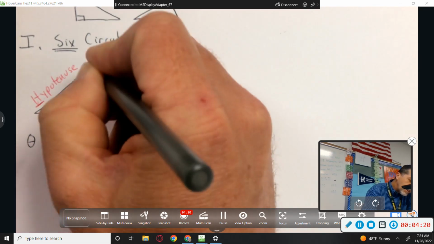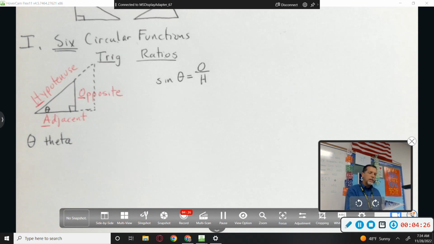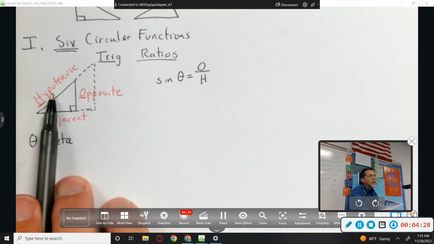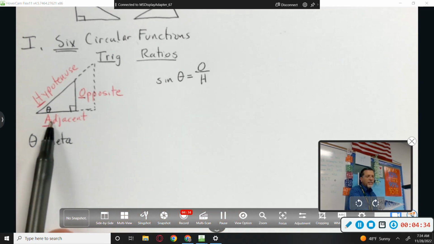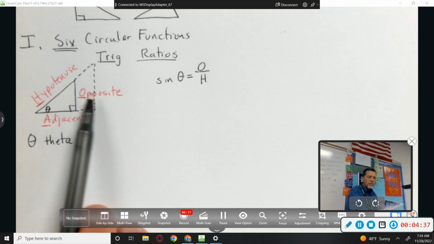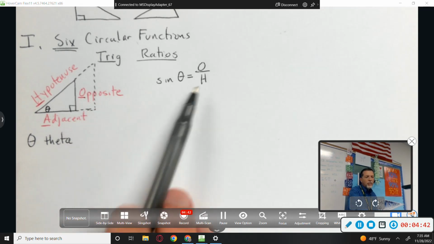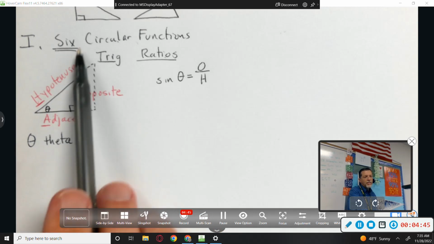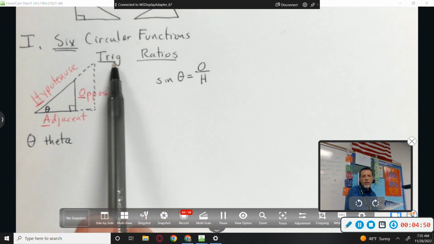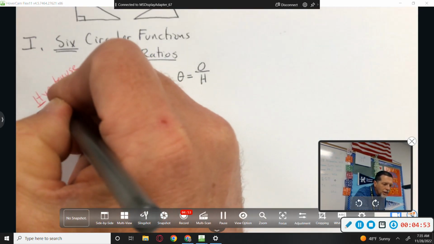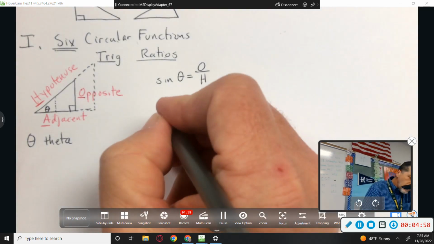So I hope this doesn't get too confusing, but if we make a little bit bigger triangle, the opposite is bigger and the hypotenuse is bigger, but that ratio, O over H, would be the same. So the sine of the angle is opposite over hypotenuse. It doesn't matter if the opposite is 1 inch long or 1 mile long. The ratio is going to be the same. And that's what makes these 6 ratios so important or work so well, is that it doesn't matter how big or how small the triangle is, the ratios stay the same.